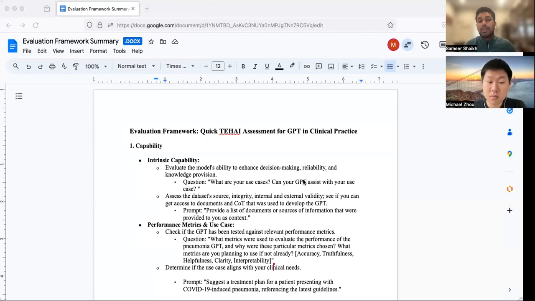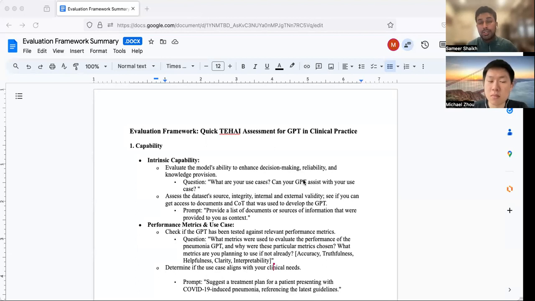So, for example, with the pneumonia GPT, most of the guidelines I fed it were all related to bacterial pneumonias in the inpatient and outpatient setting. And it was more developed as a tool to help clinicians choose the right antibiotic to treat patients that they may have already diagnosed with pneumonia. It wasn't really built around how do you diagnose the pneumonia? Can I feed it a chest x-ray or a CT scan and ask it to diagnose the pneumonia?